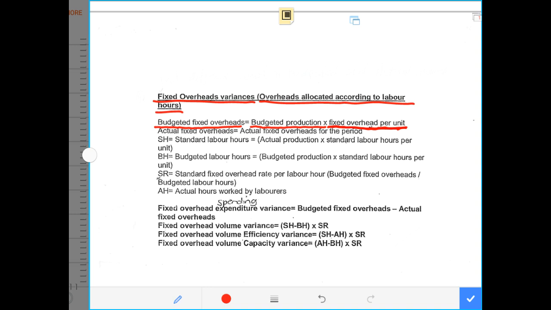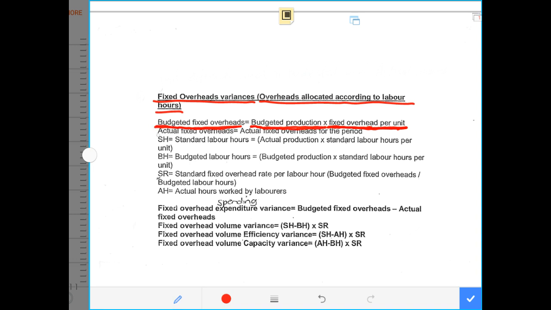I will not explain that in detail because there's a full chapter that covers that part. So the fixed overhead per unit will be used when your POR was based on the number of units manufactured. Therefore, you multiply that by the budgeted production, and that will give you the budgeted fixed overhead cost.